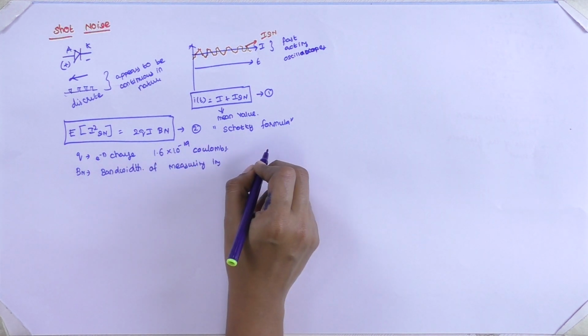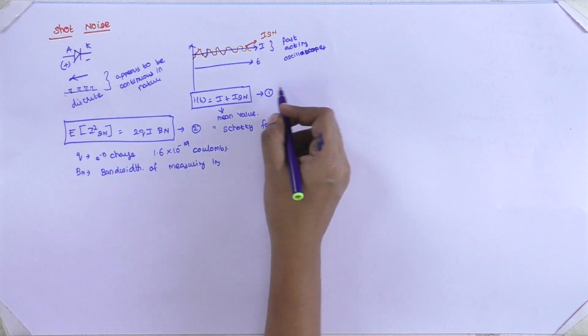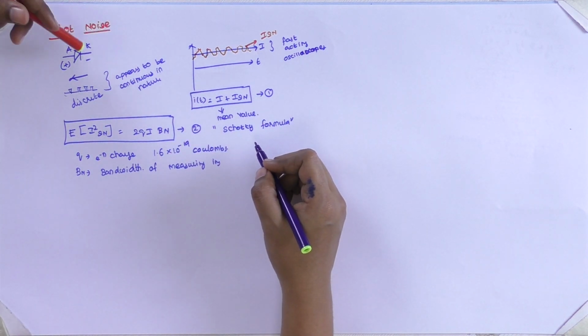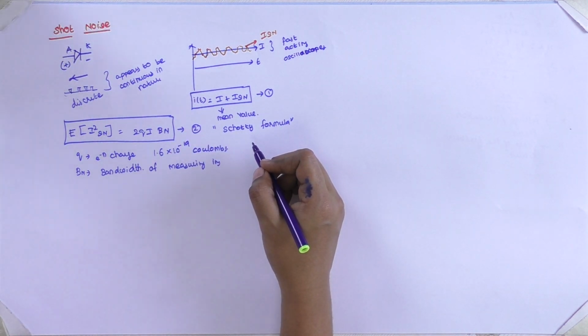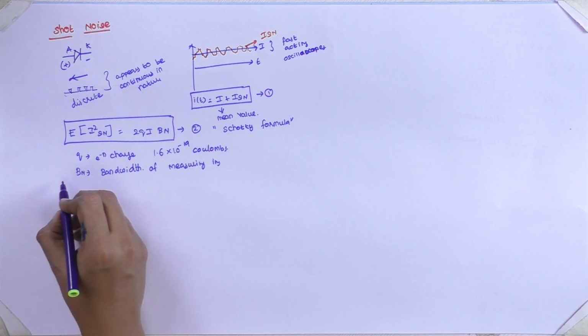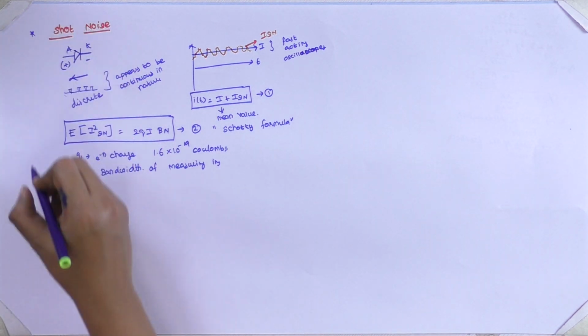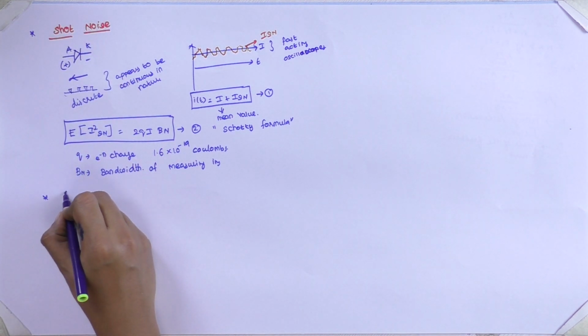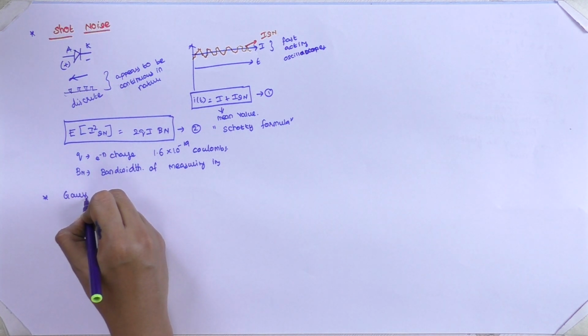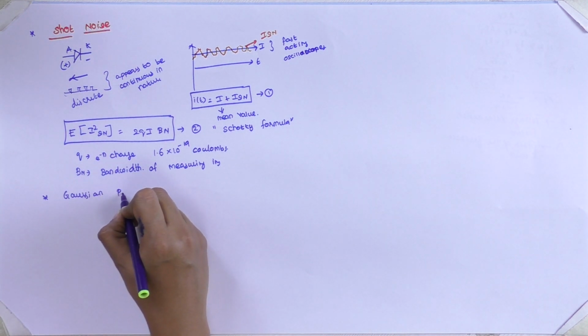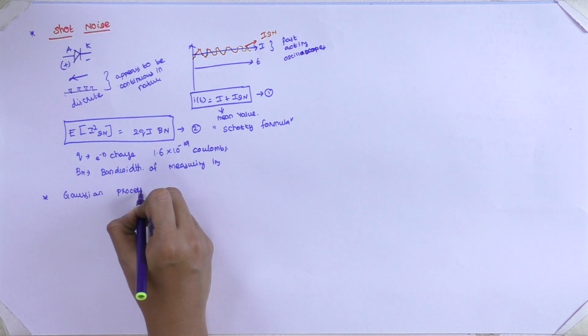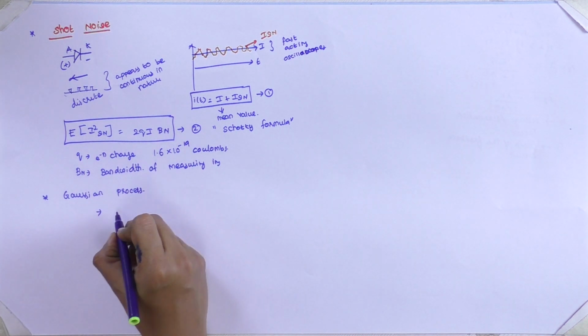So, this is the general formula, and based on this, we have observed that this movement is random in nature, the electron diffusion is random in nature. Therefore, shot noise can be characterized as a Gaussian process. An important property of shot noise is that it is characterized as a Gaussian process. How and why?